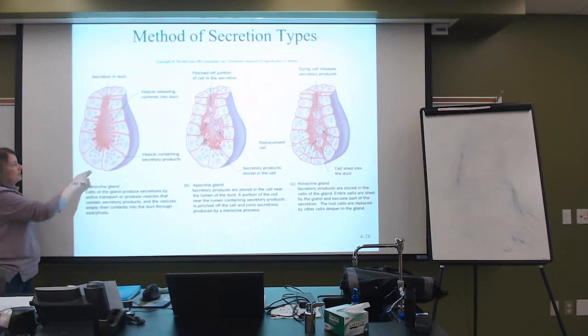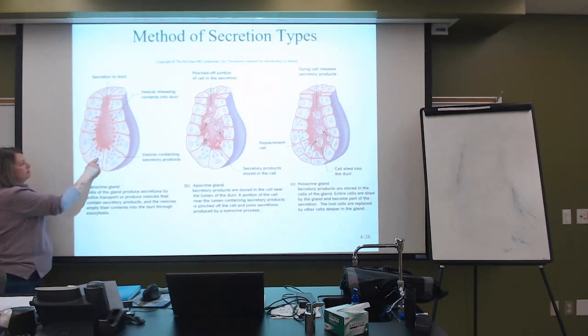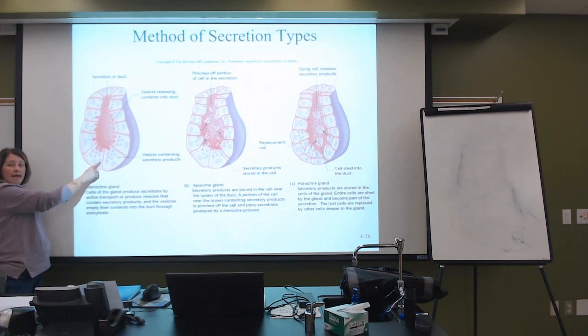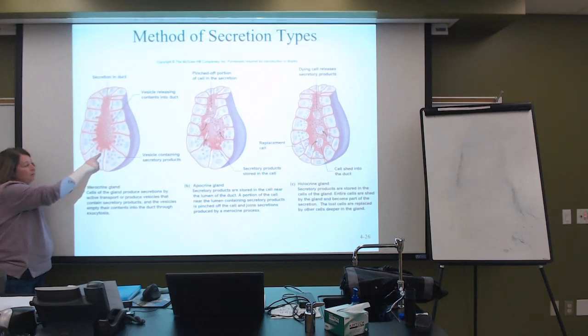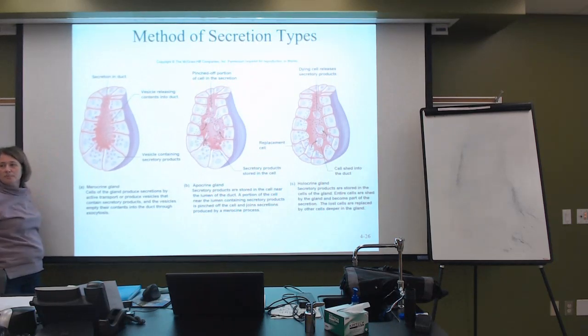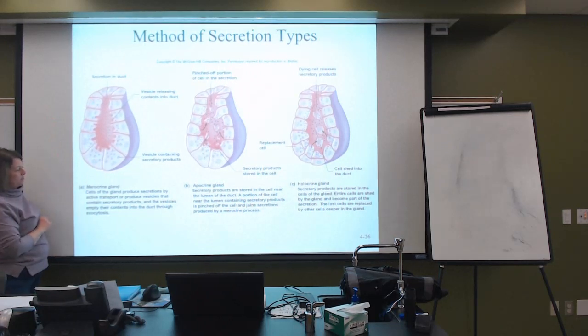These little pieces that are going to get secreted out look like they've been made and put into a vesicle. The vesicle moves to the outer membrane, fuses, and the product, the little circle, gets spit out. Does everybody see that? So that would be merocrine.